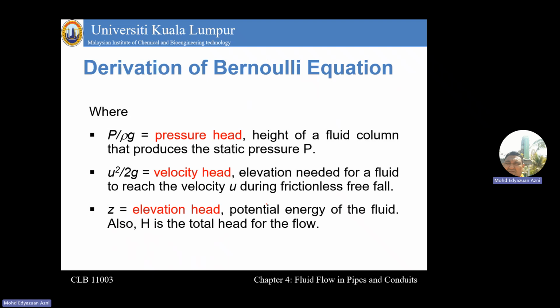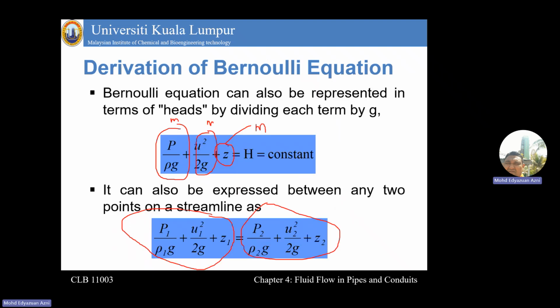The first part, pressure over rho g, is the pressure head: the height of fluid column that produces the static pressure P. The second part, U squared over 2g, is the velocity head: the elevation needed for the fluid to reach the velocity during frictionless free fall. Z is the elevation head, the potential energy of the fluid. And the capital H is the total head for the flow.